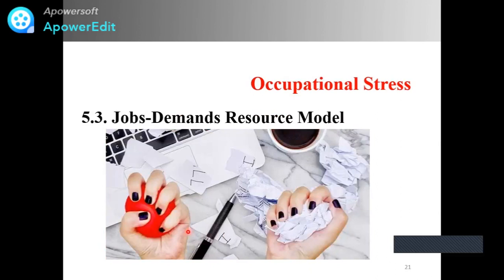Then the job demand resource model. This model posits that workplace stress can be associated with the differences between job demands and resources. Experienced at the managerial level, it is caused when a bully management expects managers to deliver high results with low resources.